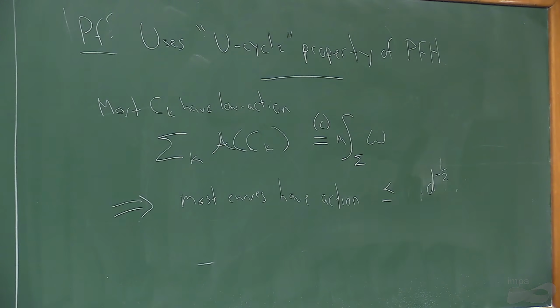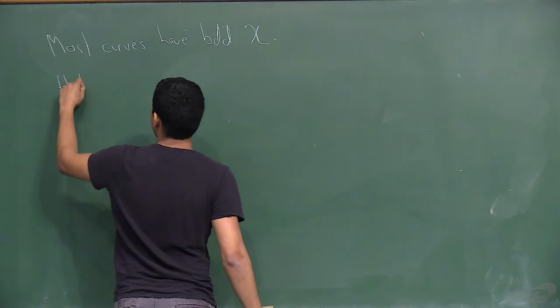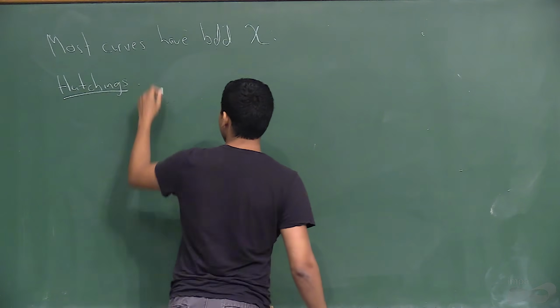And the slightly more complicated part of this is showing that most of these curves have bounded Euler characteristic. Okay, so there's a result due to Hutchings, which bounds the Euler characteristic of a curve in terms of a cousin of the ECH index.